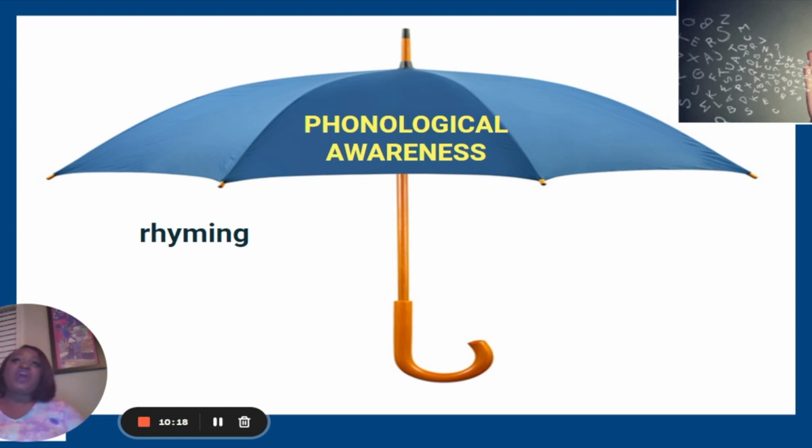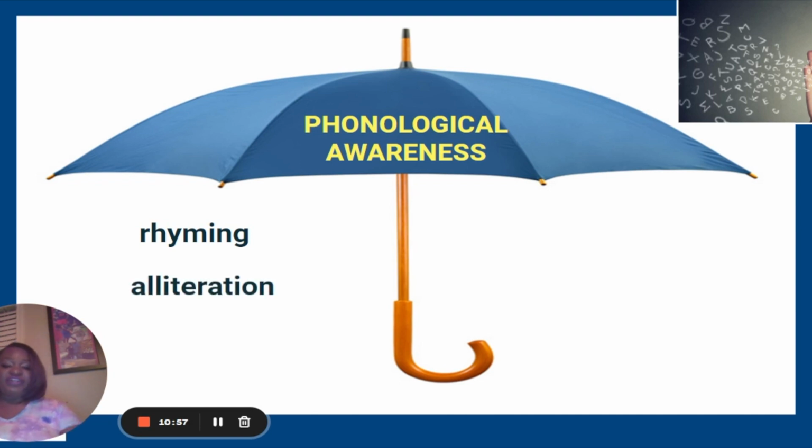So once they are able to recognize 2 out of 3 words that rhyme in a series of exercises, you can gradually move them to exercises in which they have to produce the rhyming words, which means you may give them the word car and ask them to give you a word that rhymes with car. They can say things such as star, bar, and even nonsense words are acceptable. That is an example of rhyming.